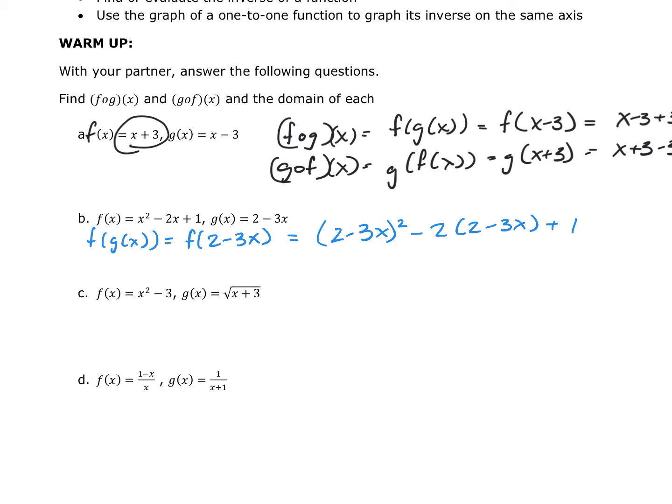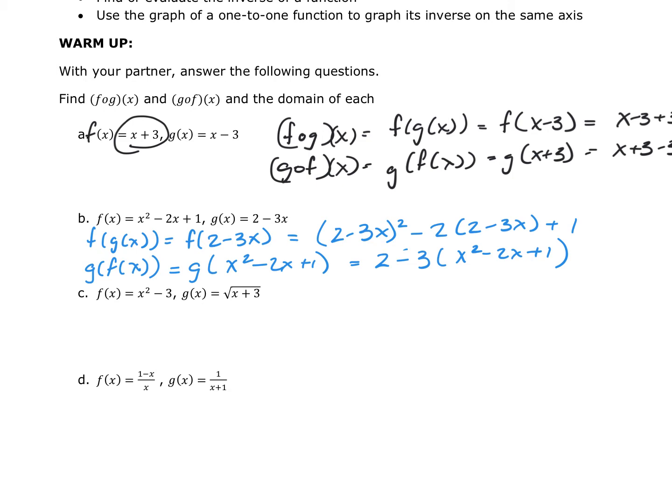So then the composition the other way, G of F of X is G of x squared minus 2x plus 1, which is equal to 2 minus 3 multiplied by x squared minus 2x plus 1. I was getting ahead of myself there. So I would let you go ahead and simplify that. That is not the final answer. That is just how we're going to approach it, and I'll let you all find the final answer. And of course, we will go over these in class if you would like.